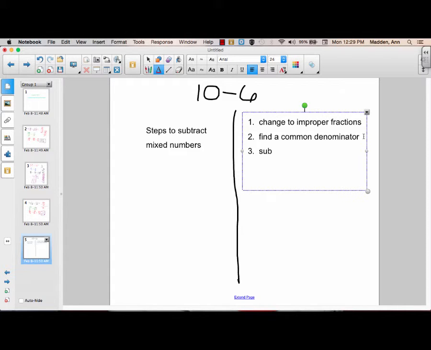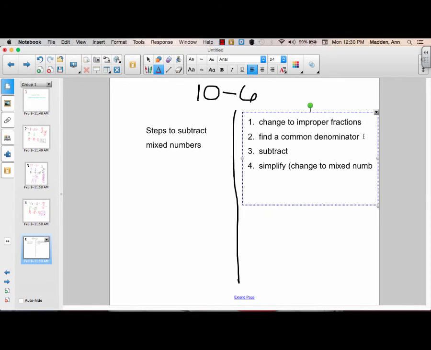Then we subtracted or subtract. And then our fourth step was to simplify. You either change to a mixed number and sometimes you also have to reduce.